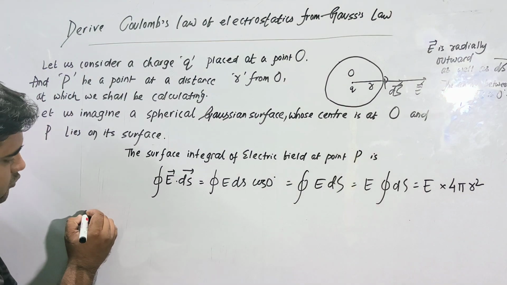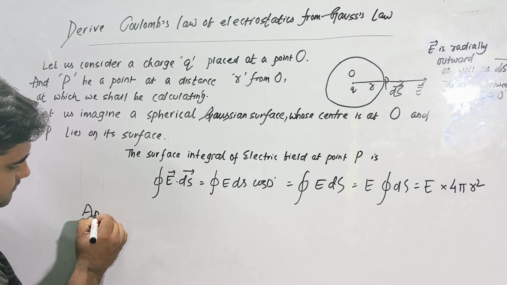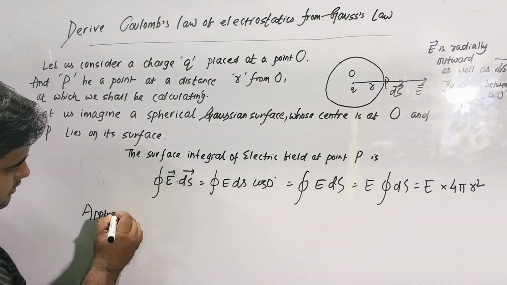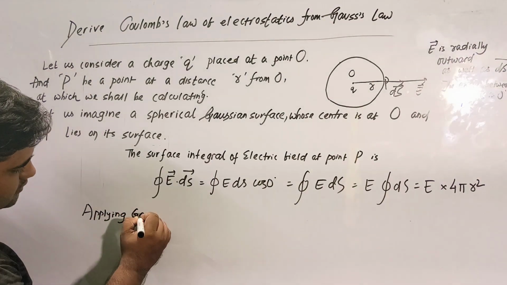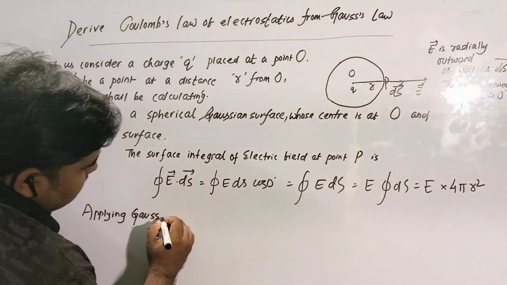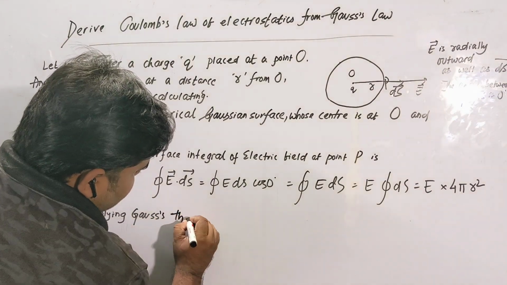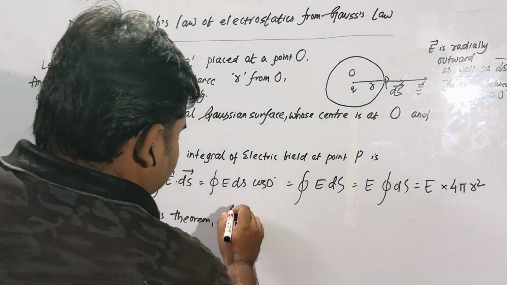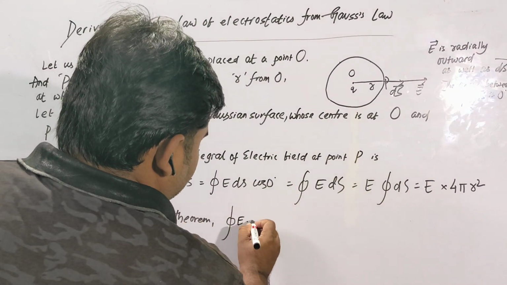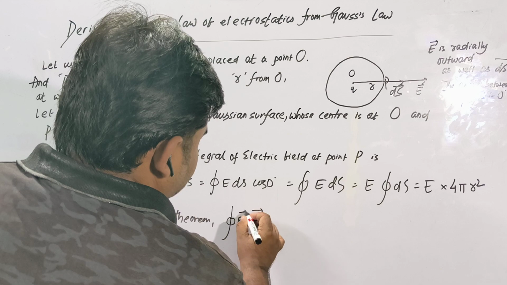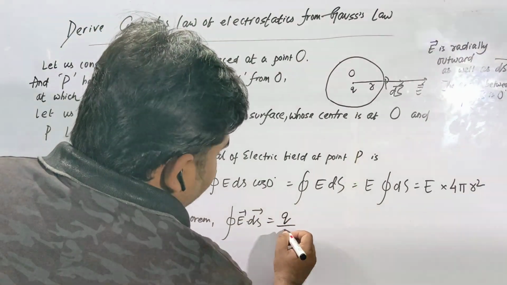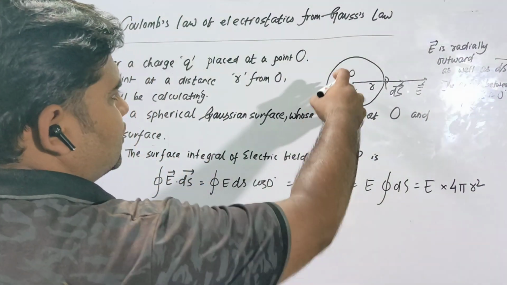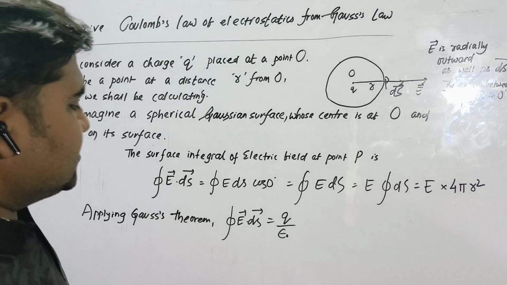Now apply Gauss theorem. It will yield the same thing, that the closed integral of E dot ds is equal to q by epsilon naught, since q is the total charge enclosed by our Gaussian surface.